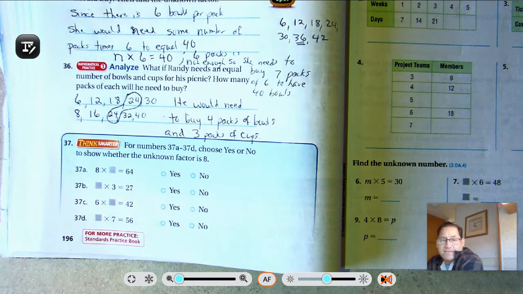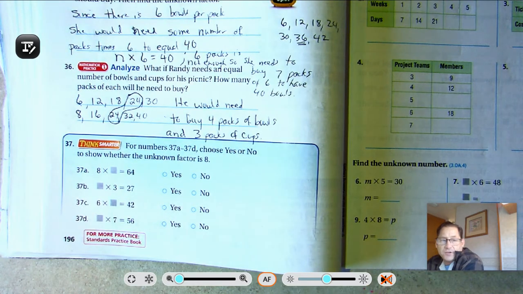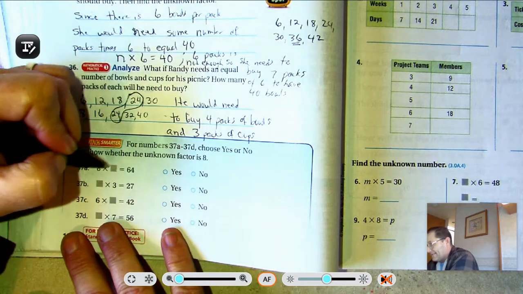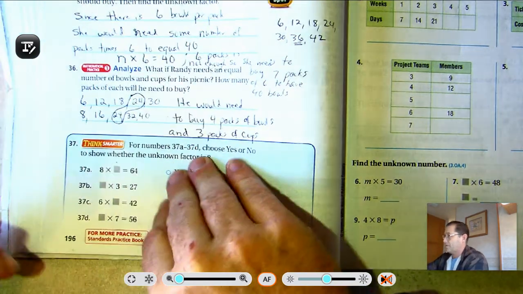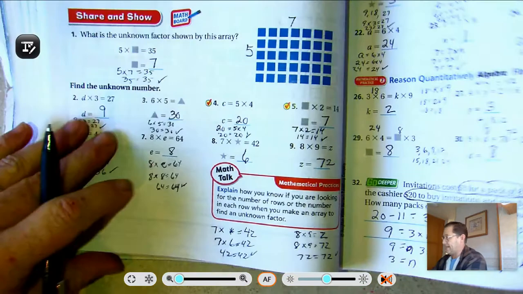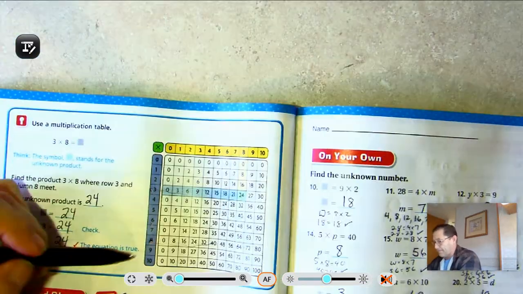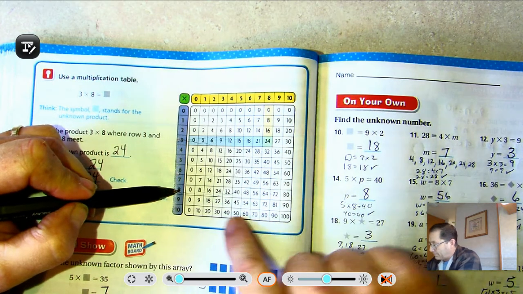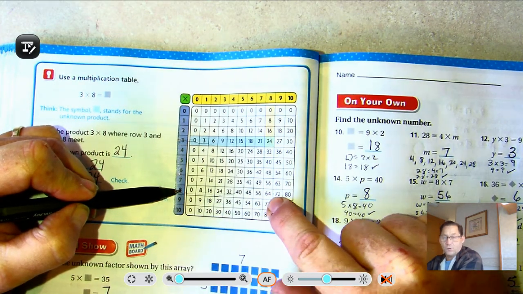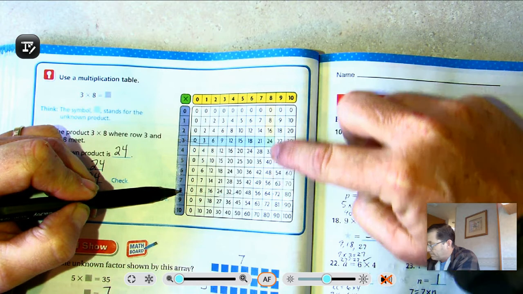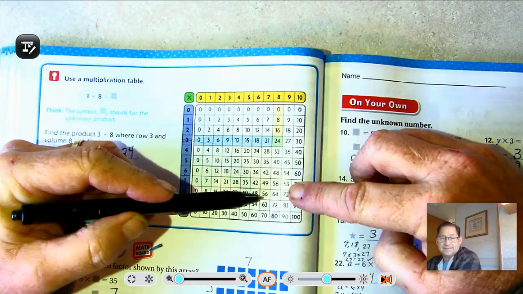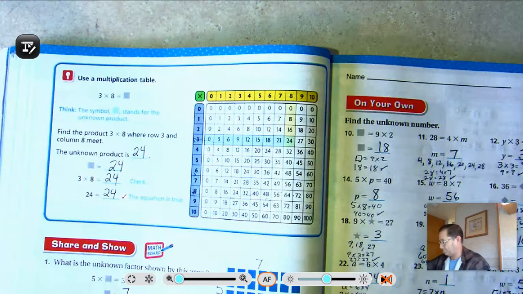All right, for 37A through 37D, choose yes or no to show whether the unknown factor is 8. Is 8 times 8 64? Well, if we go back to our multiplication table, and we find 8, and then we find 64, there's 64, go up the column, and I see that it's at 8. So 8 times 8 is 64.